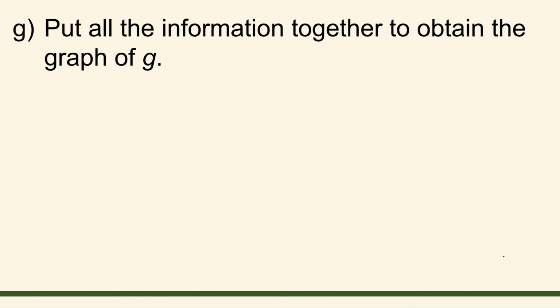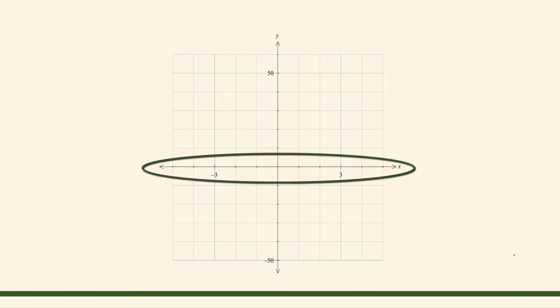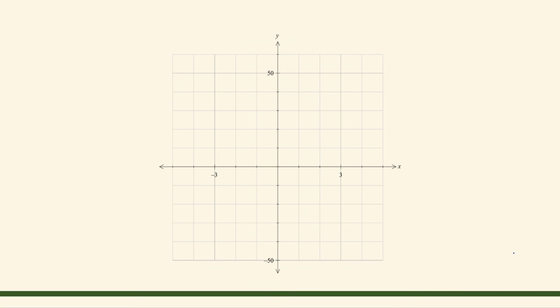Part G. Put all the information together to obtain the graph of g. We begin with a blank xy grid. The x-axis spans from negative 5 to positive 5 in increments of 1, and the y-axis spans from negative 50 to positive 60 in increments of 10.